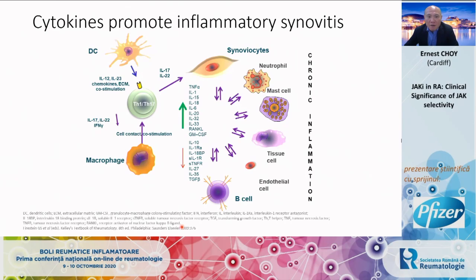And be it from the beginning of the disease on the left-hand side of this slide to the established disease, cytokines are involved, and we know that there are many, many cytokines involved in this process.